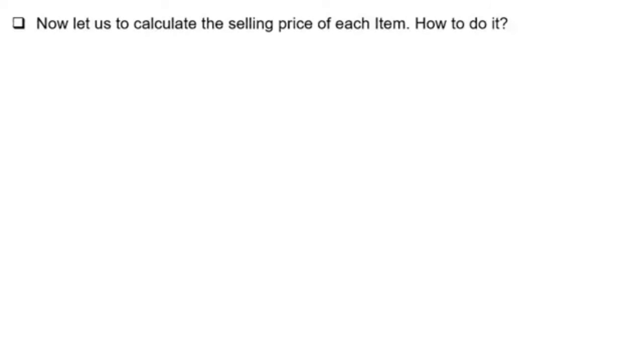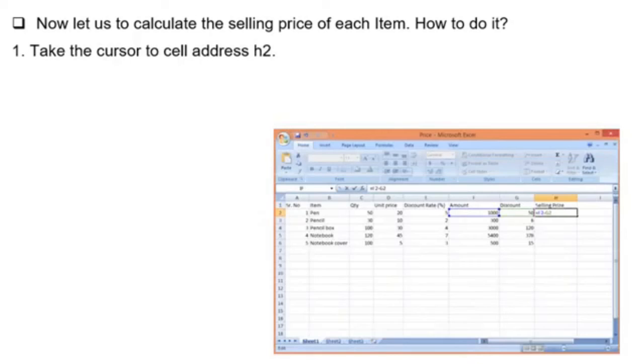Now let us calculate the selling price of each item. How to do it? Take the cursor to cell address H2. Okay. Now tell me, if we want to find the selling price, what is the formula we use? Yes, the formula is amount minus discount.